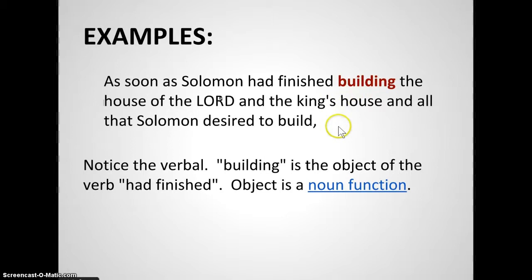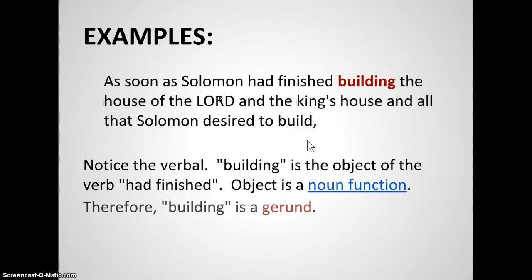And since an object, in this case a direct object of this verb, is a noun function, we then know that building is a gerund, because gerunds are verbal nouns, they function as nouns, and building here is functioning as the object of this verb, and since that's a noun function, building is a gerund.